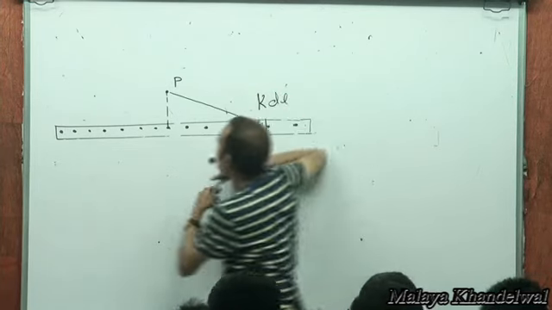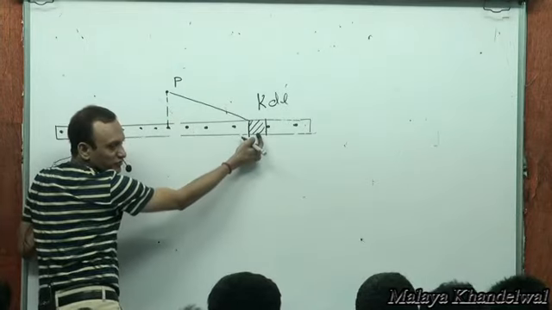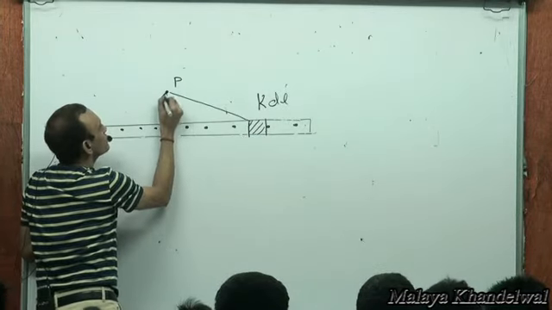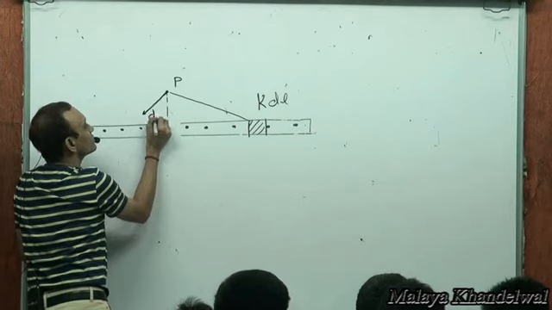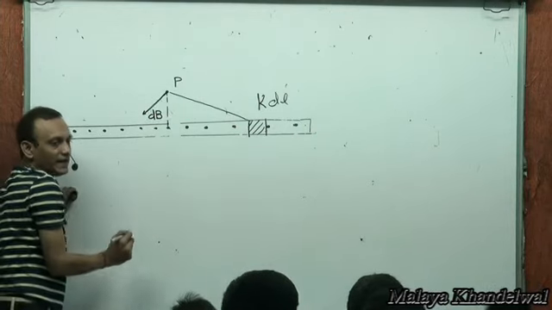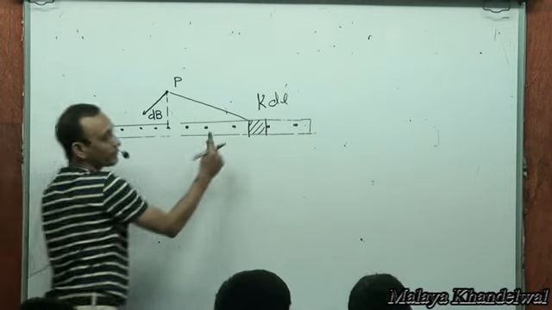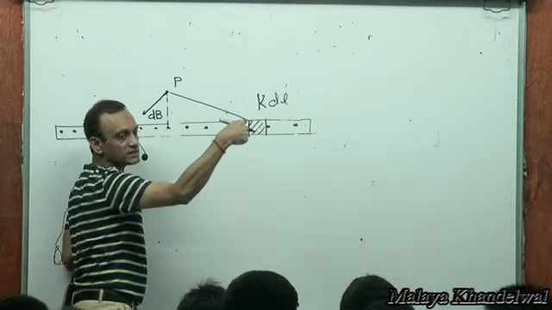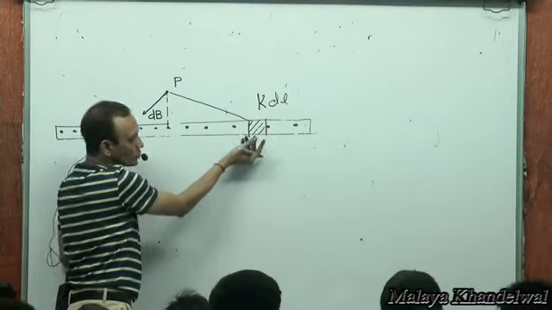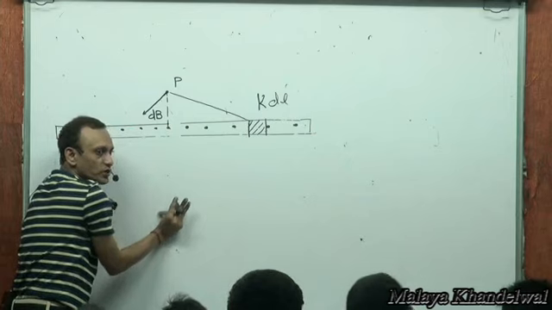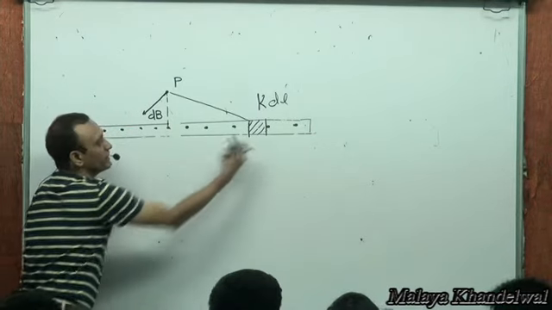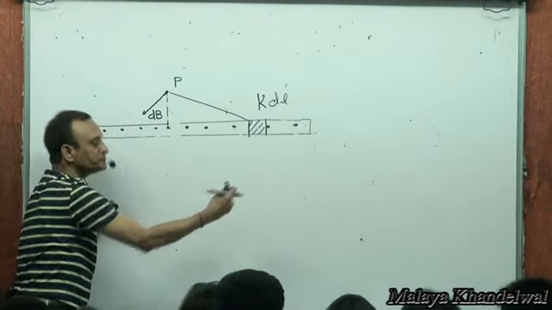So at P, the magnetic field produced by this is going to be, say, dB like this. From the cross product, it is perpendicular to both dl and r.